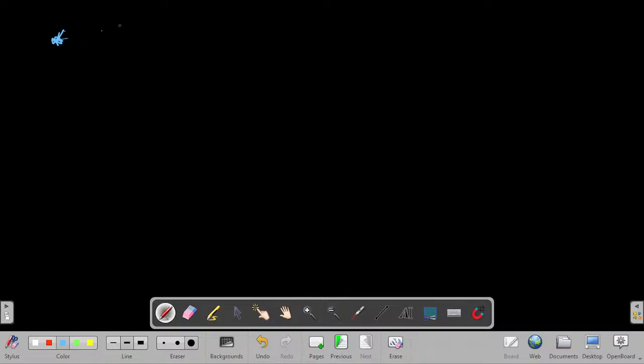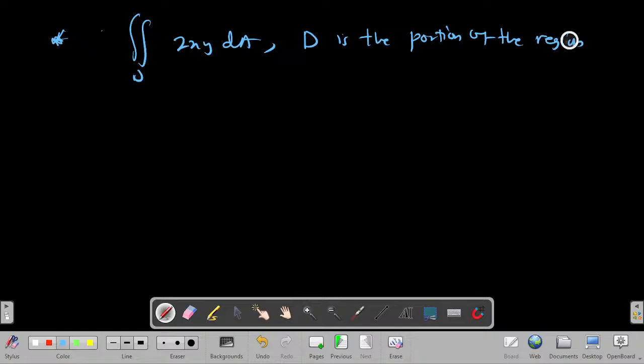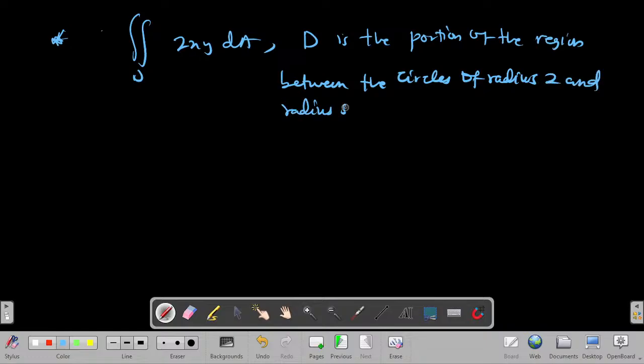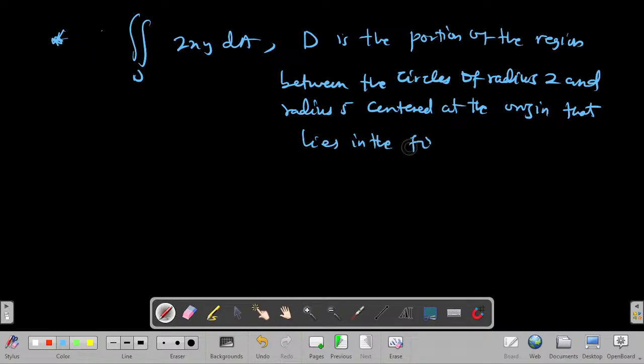Evaluate the integral over the region D of 2xy dA, where D is the portion of the region between the circles of radius 2 and radius 5, centered at the origin, that lies in the first quadrant.